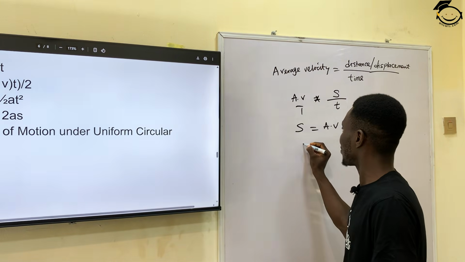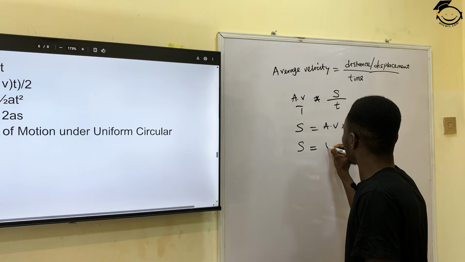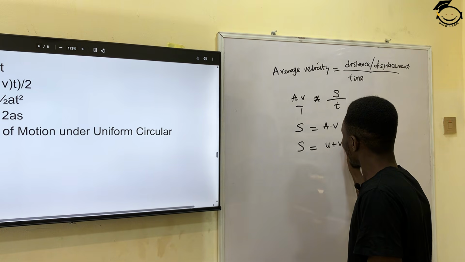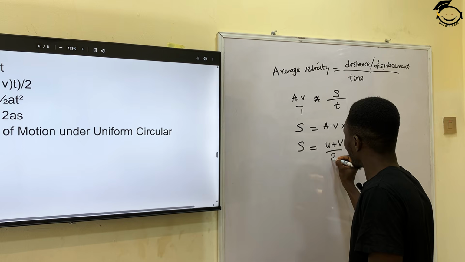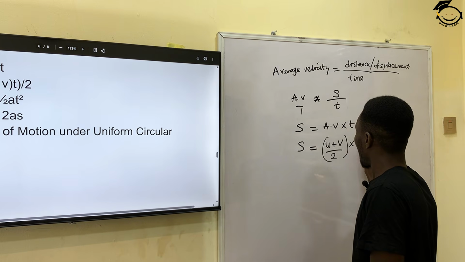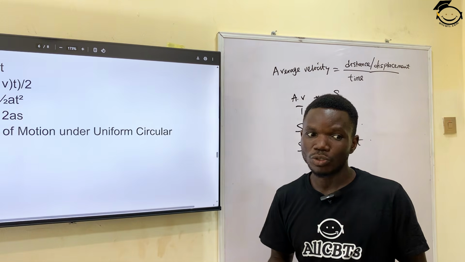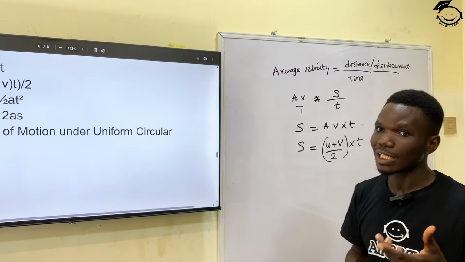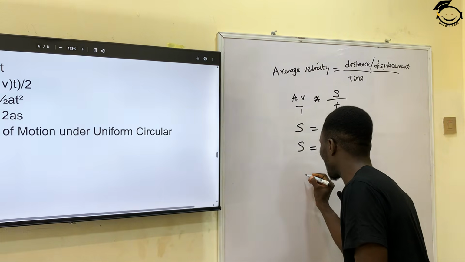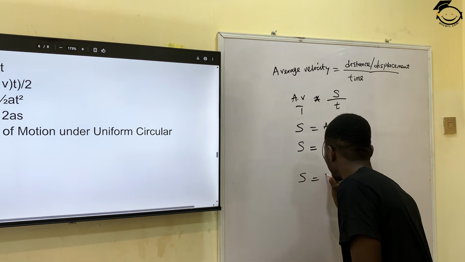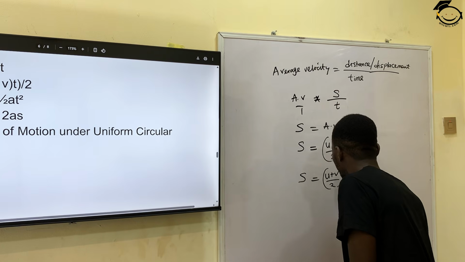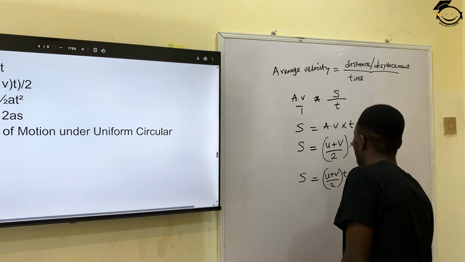So automatically it means that my distance is initial velocity plus final velocity divided by 2 times time. Why are we dividing by 2? Because we said average. So the average of two things is simply addition of the two things and dividing by 2. So it means that my distance is equal to u plus v divided by 2, in bracket, t. This is my equation 2.